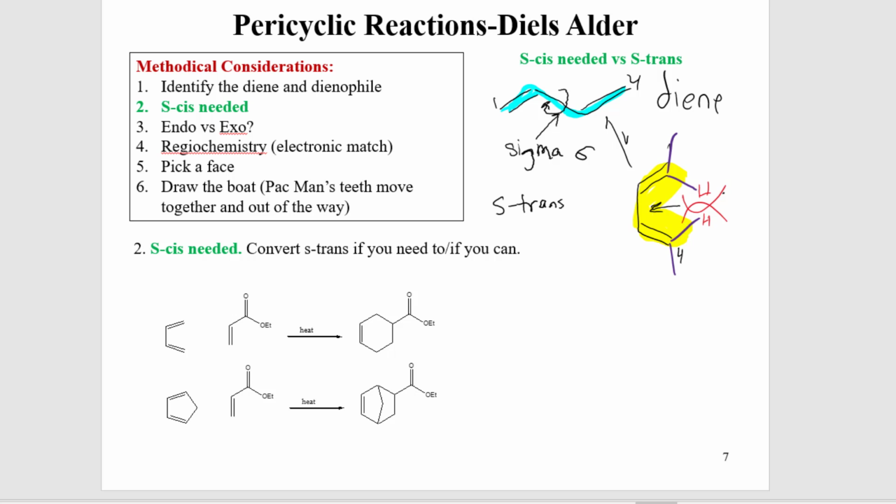But I need it to be that way in order for the reaction to go. Given this consideration, let's look at 2 different scenarios, reaction 1 and reaction 2. Which reaction do you think is going to undergo a Diels-Alder reaction faster, more efficiently, better?